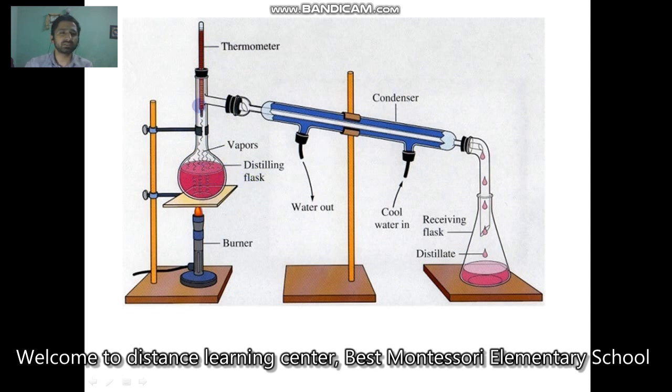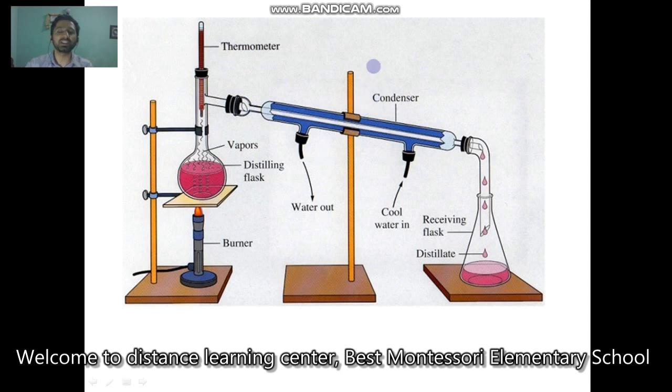Now when the vapors move towards this, there is a condenser, that means we pass water through it, so that the vapor cools down and gets converted into liquid again. From the distillation flask, liquid gets converted into vapor and reaches the condenser.